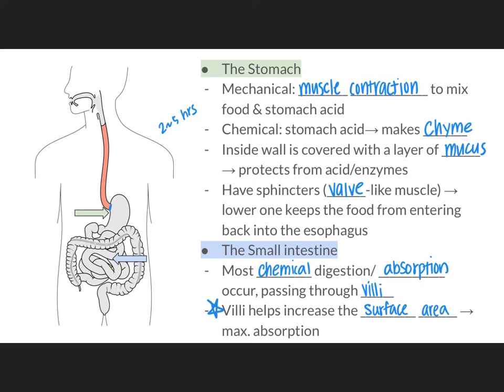Usually for a square millimeter of area, you have about 10 to 40 villi. And considering the length of the small intestine, which is on average about 6.7 meters to 7.6 meters, you're going to have a lot of villi to help you absorb all these nutrients throughout your body.